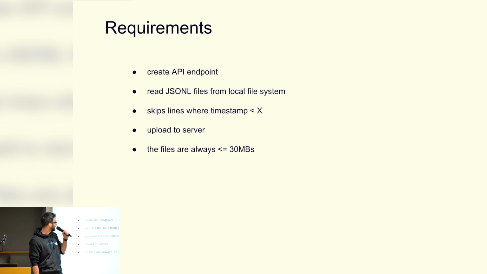It will apply some business logic for filtering the lines, and then it will upload the whole content of the file into some API server, whatever. An important specification is that the files are always around 30 megabytes. It's never higher.